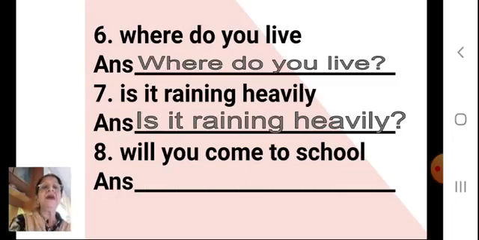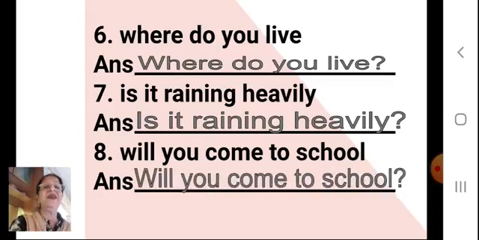Now number 8. Will you come to school? Again, I think this is asking a question. So how do we rewrite it? Yes, will you come to school?